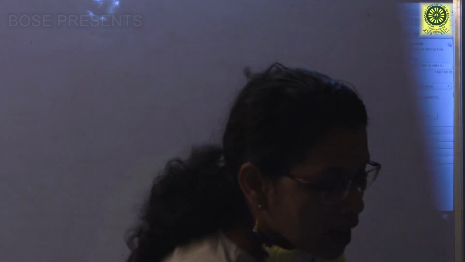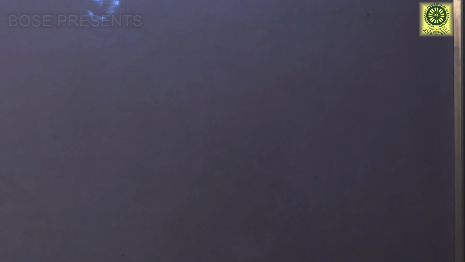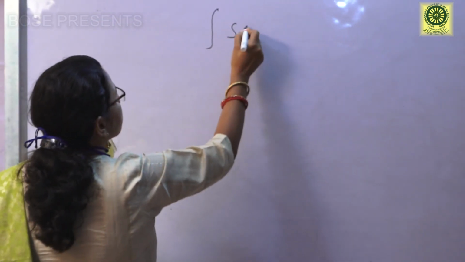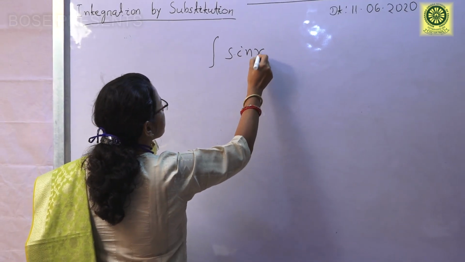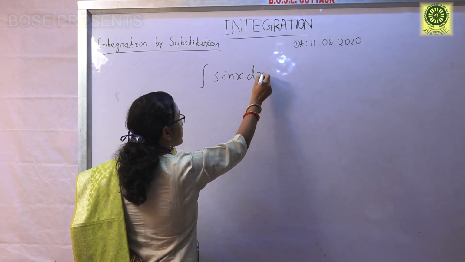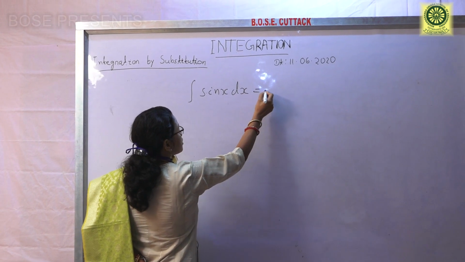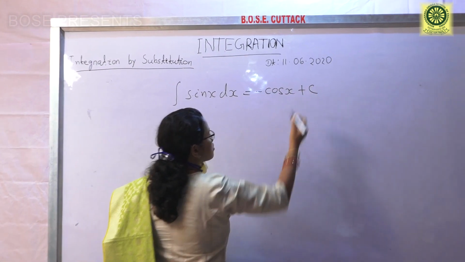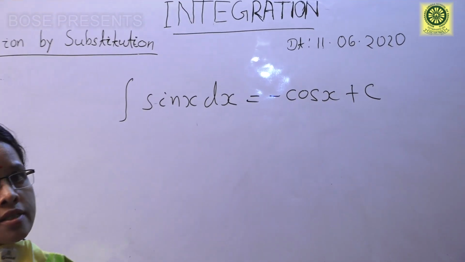For integration by substitution, you already know the integration of sin x. The integral of sin x with respect to x is minus cos x plus c.